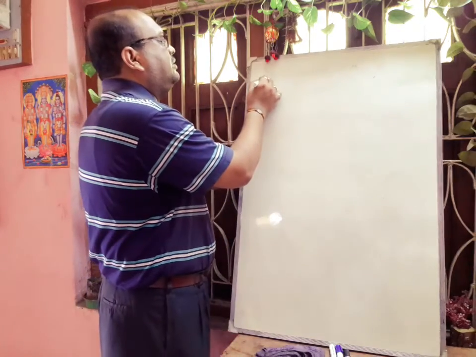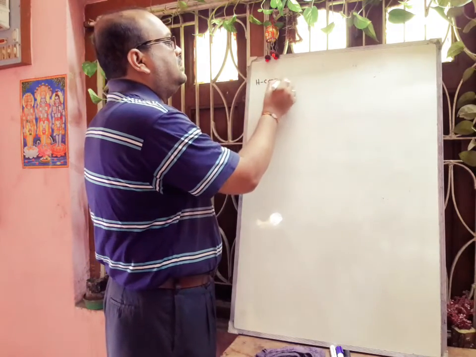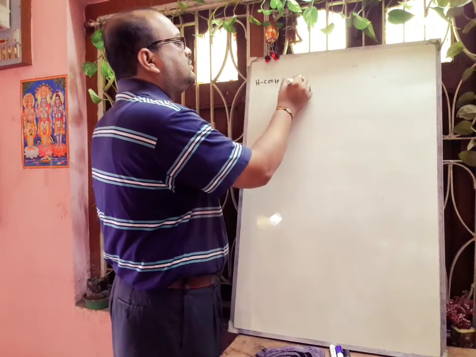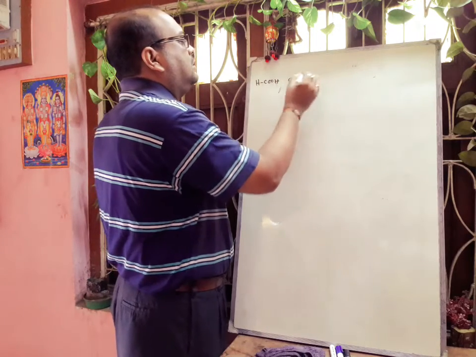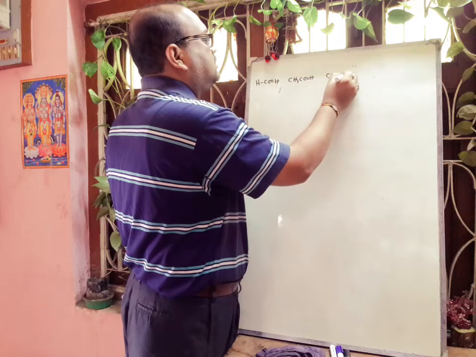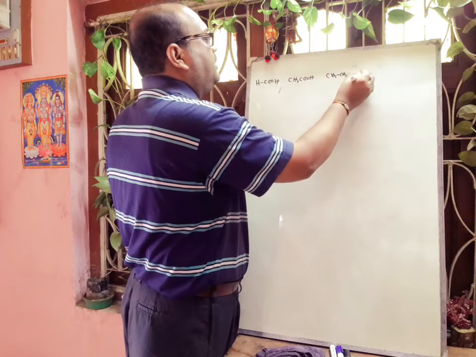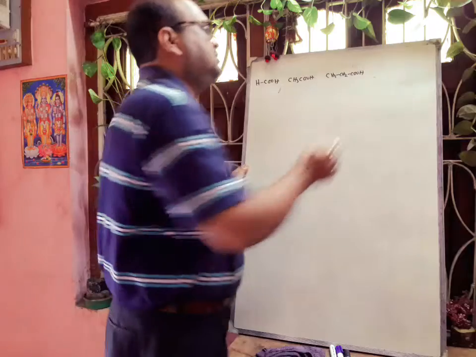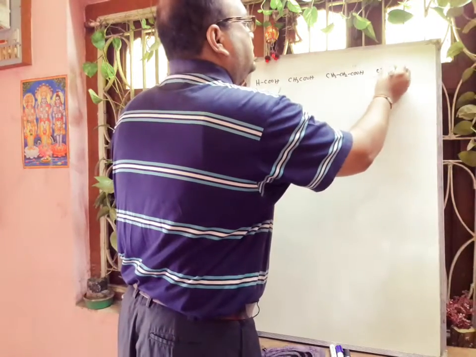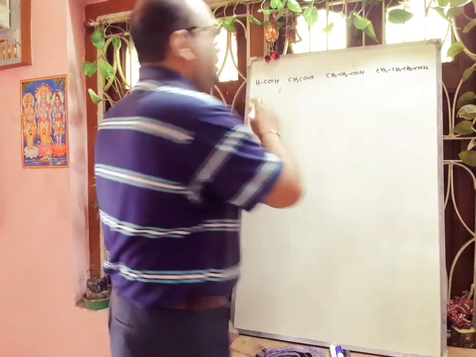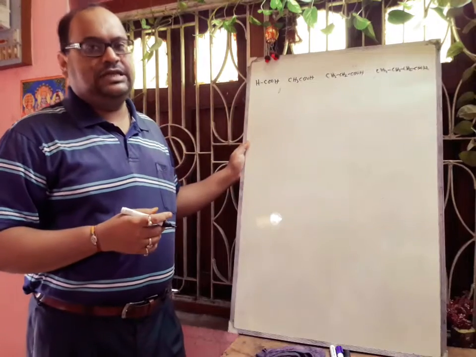If we think about formic acid, then acetic acid, then propanoic acid, then butanoic acid, here the alkyl group is continuously increasing.